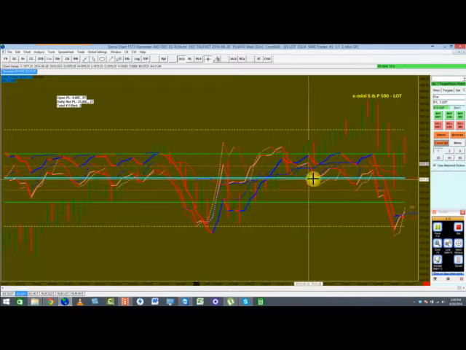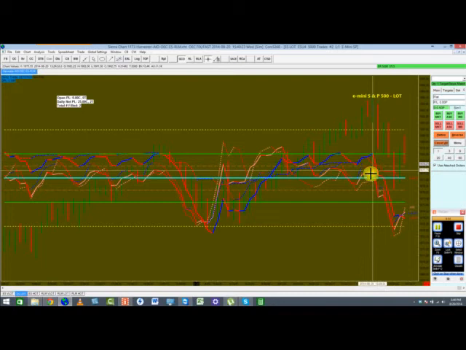So we wouldn't exit, we would stay in until all the jerks turn red in color right here as both dotted lines go down through the zero, and that's where we would exit.